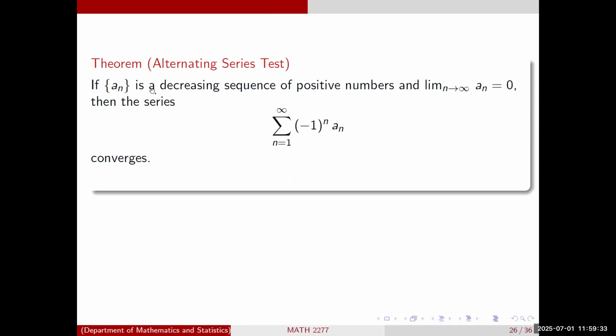Okay, so it's saying if an is a decreasing sequence, so decreasing sequence means the terms are getting smaller and smaller of positive numbers and they are going to zero. Okay, then the series where I am adding together minus 1 to the n of an converges.